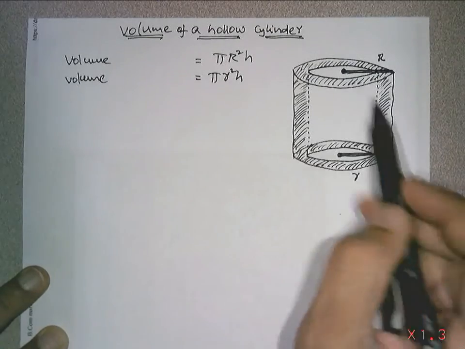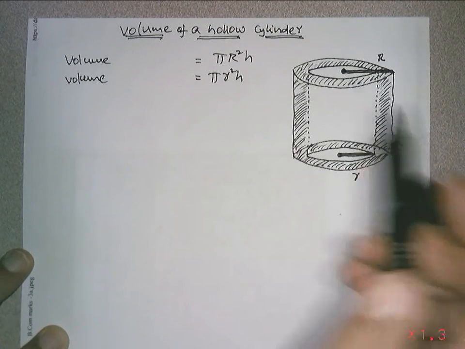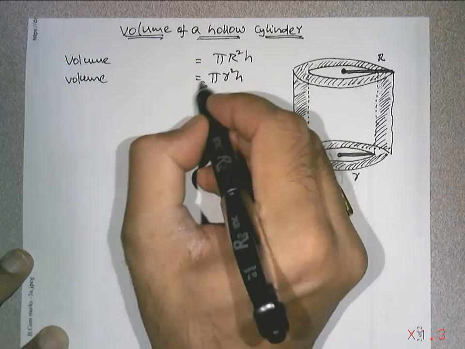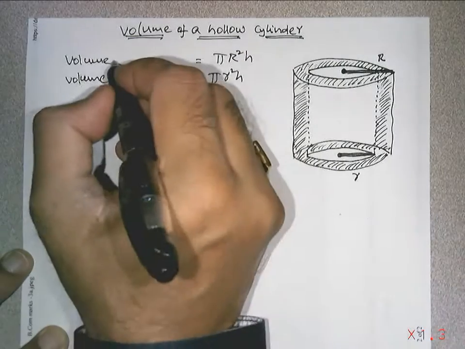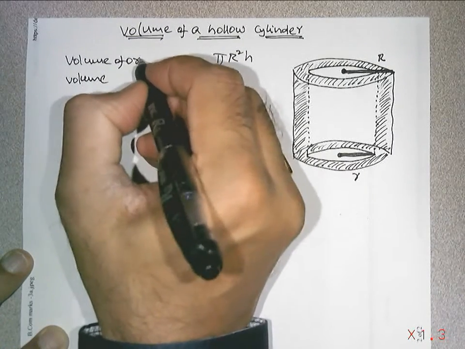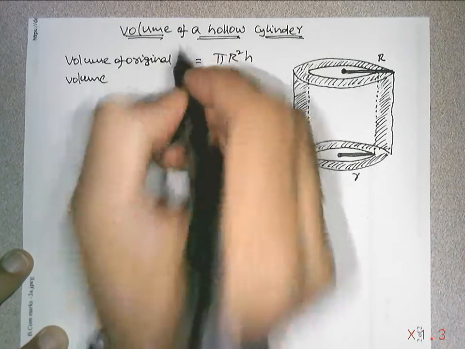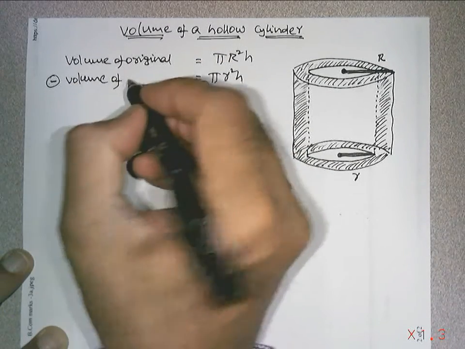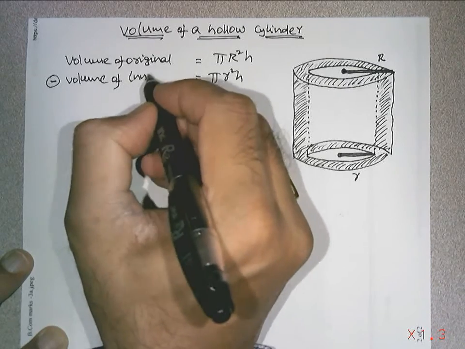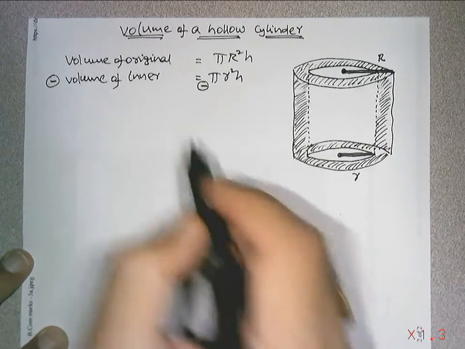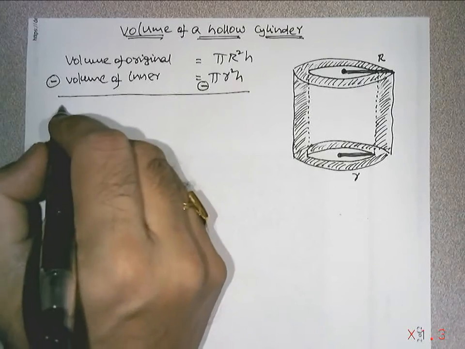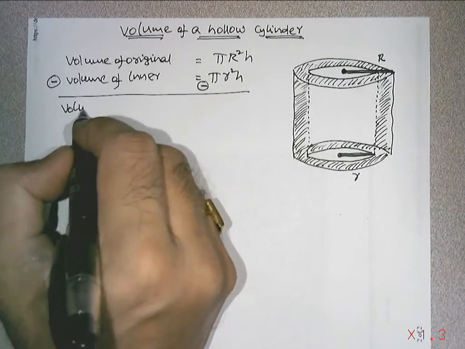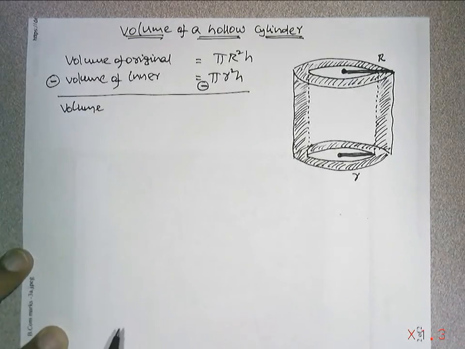For removal or taking away, I may use the minus sign. So the volume of the original cylinder minus the volume of the small, inner cylinder, if you take it away, you will be left with a pipe type structure. You can call it the volume of the hollow cylinder.